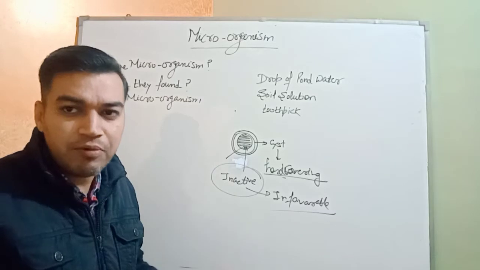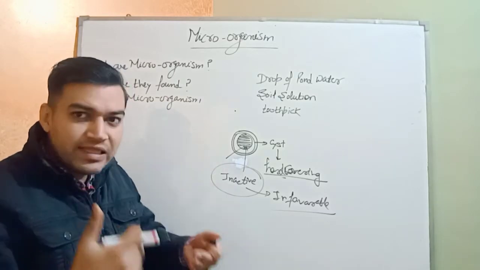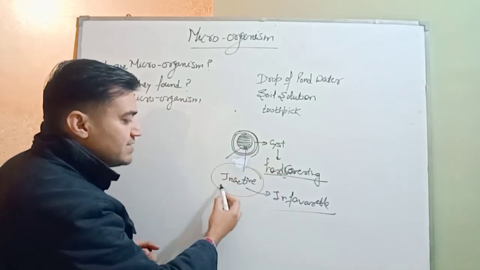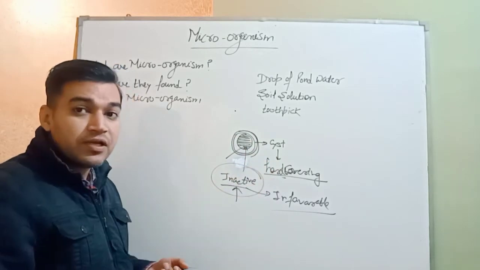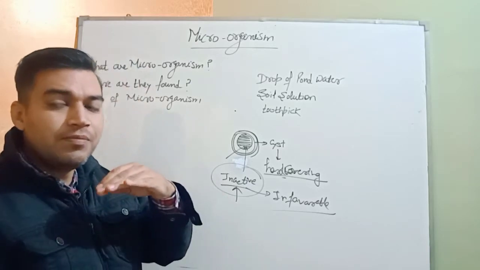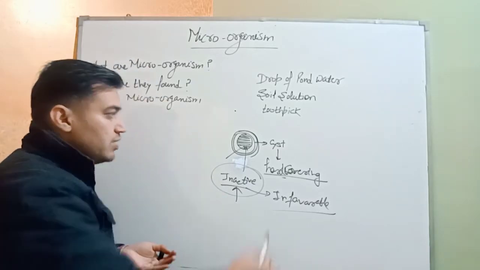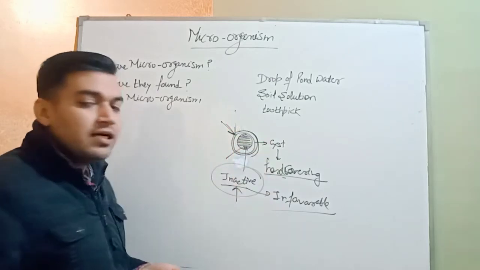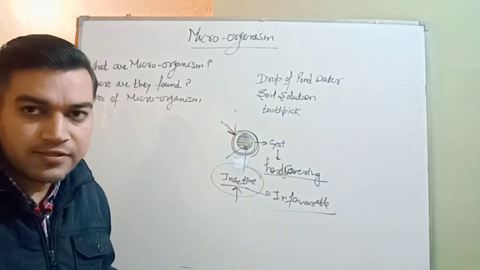These are the unfavorable conditions for microorganisms. So when these cases occur, they form a cyst around their body and remain inactive until the conditions become favorable. This is the mechanism behind the success of their living in harsh areas.